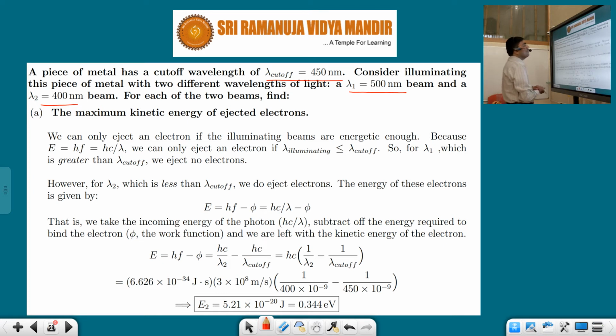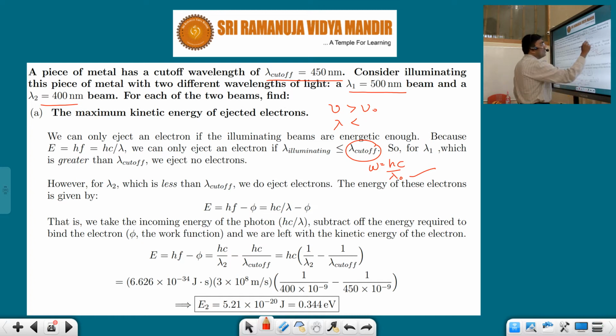Well, try to understand, students. W is equal to hc by lambda naught. That is the threshold given. So when illuminating, nu should be greater than nu naught. Lambda naught is the threshold wavelength.